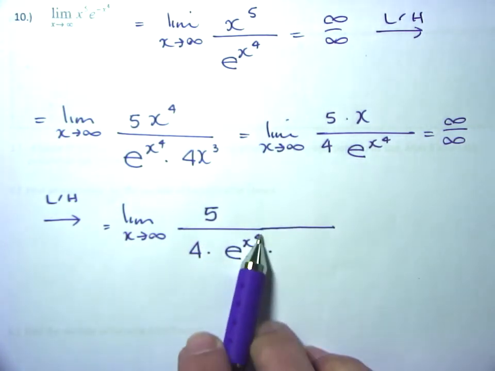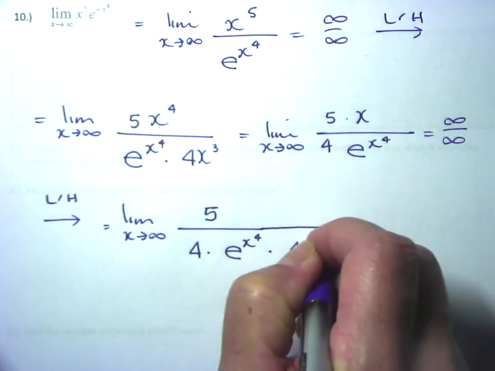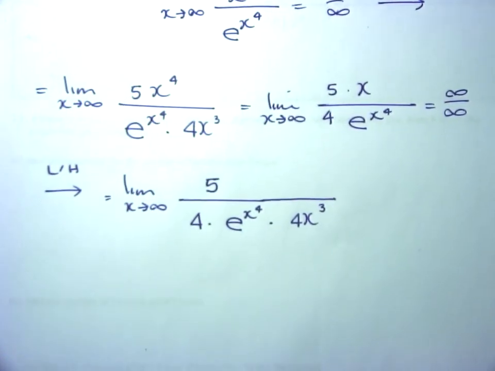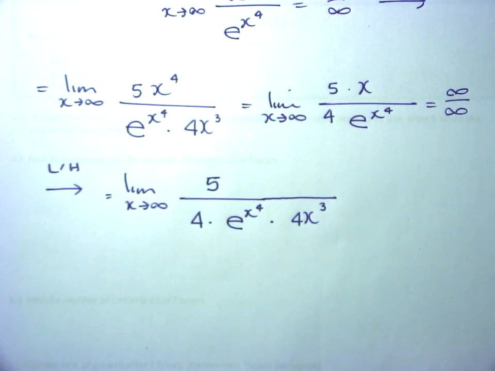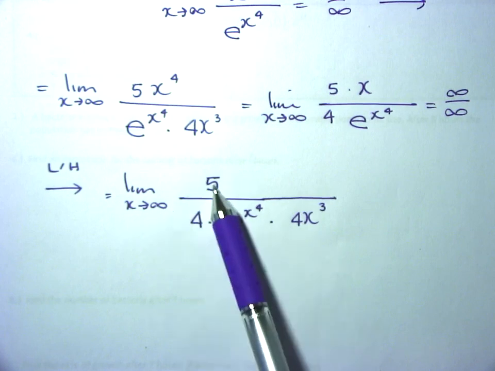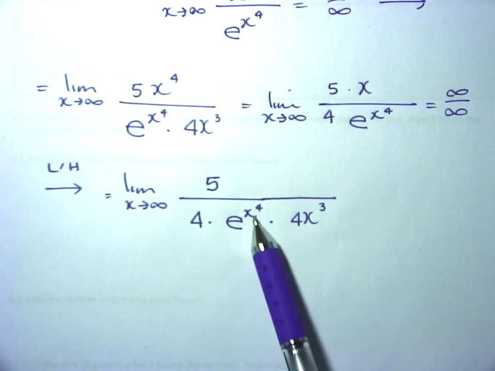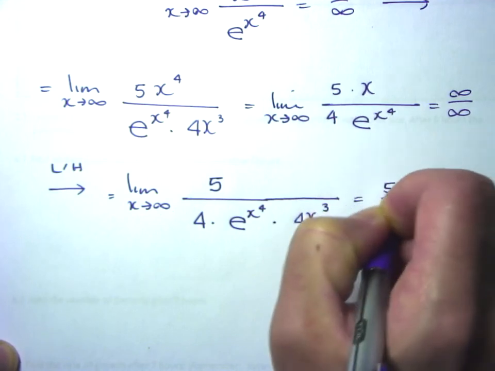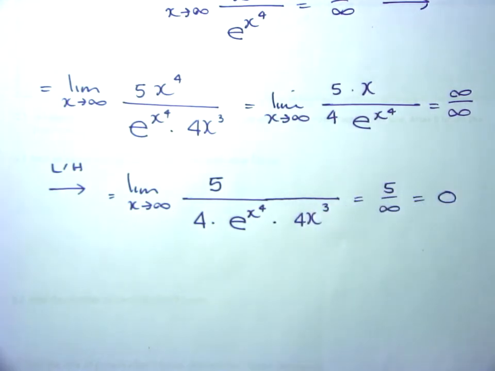The derivative of x to the power 4 is 4x cubed. And again, I usually advocate cleaning up your algebra before you do your calculus, but at this point in time, what happens if we plug infinity in for x? We have 5 divided by infinity times infinity. We end up with 5 divided by infinity, which is equal to 0.